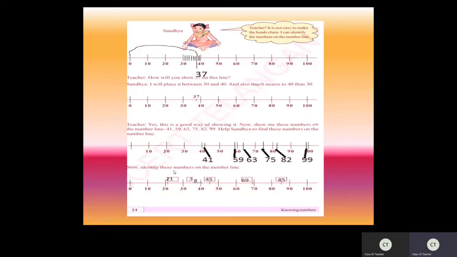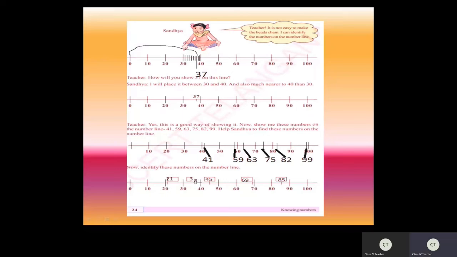Okay. Now identify these numbers on the number line. What do you have to identify here? You have to identify numbers on the number line. So what are the numbers here? 21. So just tag it here, 21, mark it.